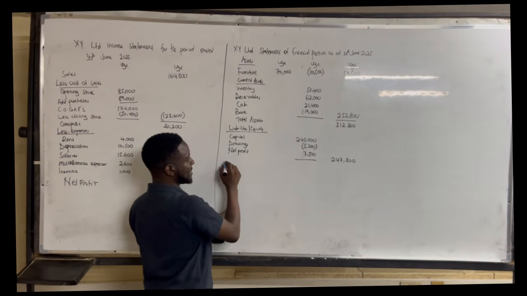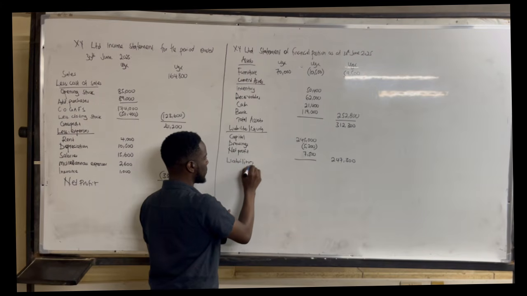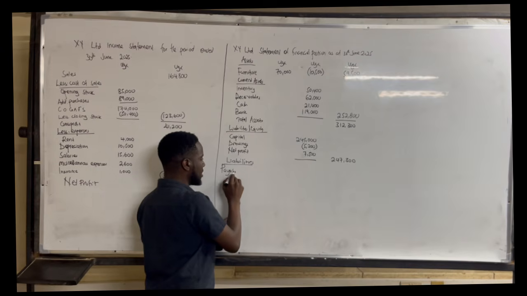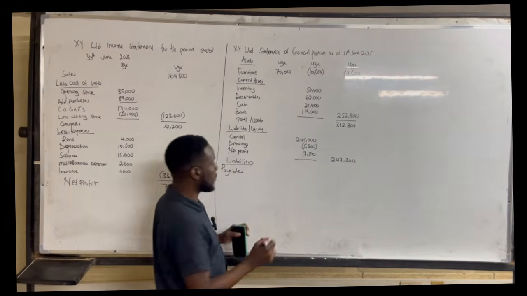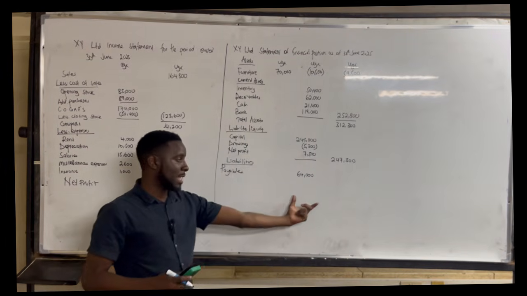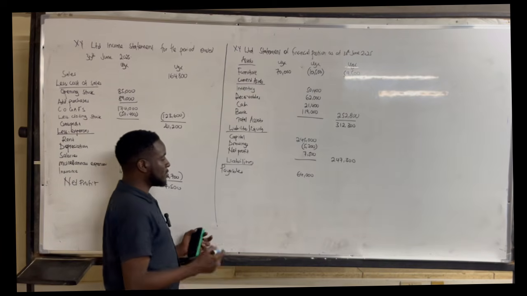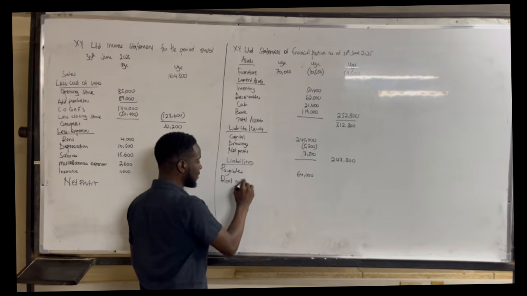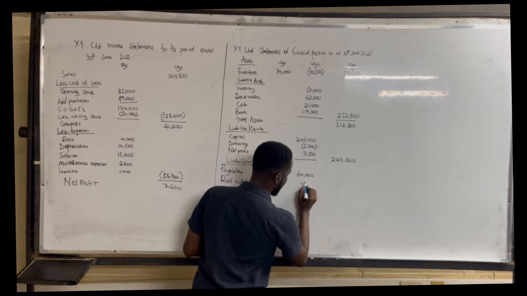Then we go for the liabilities now. The liabilities, we start with the trade payables. The closing balance for trade payables is 64,000. Then we had something called rent outstanding. The closing balance for rent outstanding was 1,000.